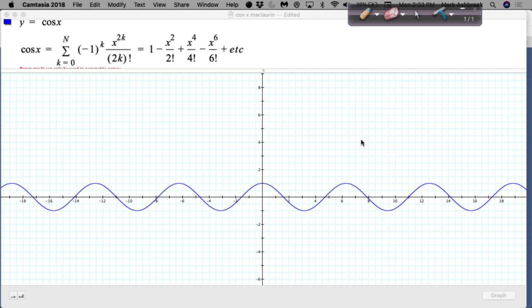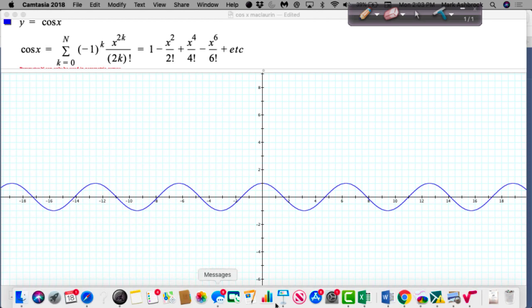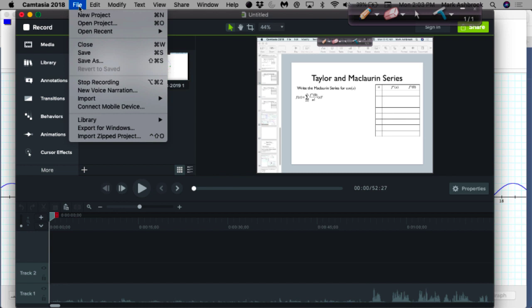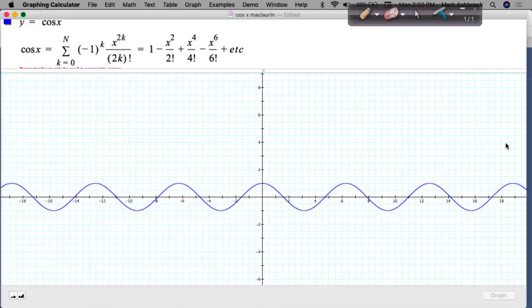Okay, so we were doing cosine x, and I think we came up with this. Did we come up with this for cosine x? 1 minus x squared over 2 factorial. Did we actually change the index and get this?